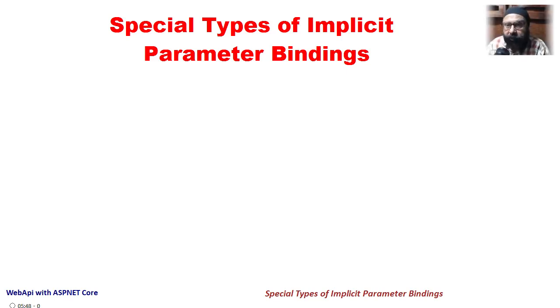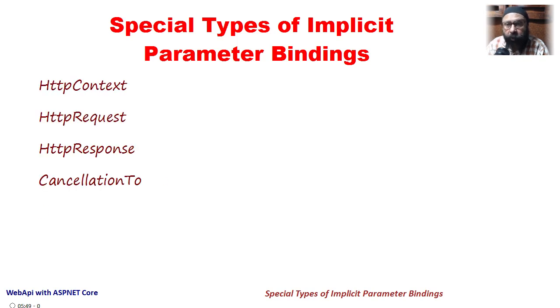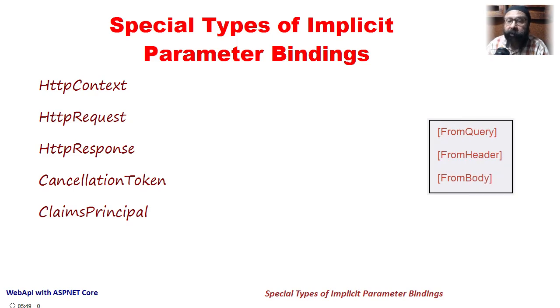ASP.NET Core provides certain special parameters that are always available to an API handler. These parameters are utility parameters like HTTP context, HTTP request, HTTP response, cancellation token, and claims principal. They do not need any attribute decorations like those for the query string, header, body, and route segments that we used earlier.